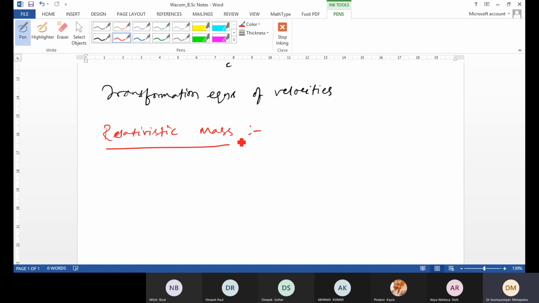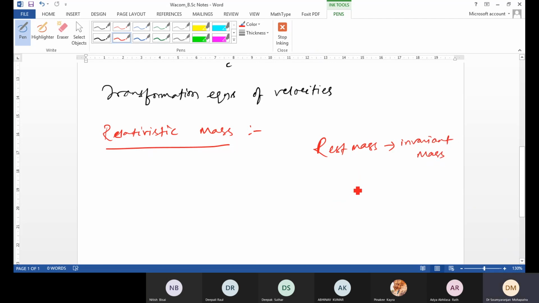And the reason is how it is different from your actual mass or rest mass. You must have read about the rest mass. So what is rest mass? Rest mass means the mass is an invariant quantity. So rest mass is invariant mass. Mass is not changing.